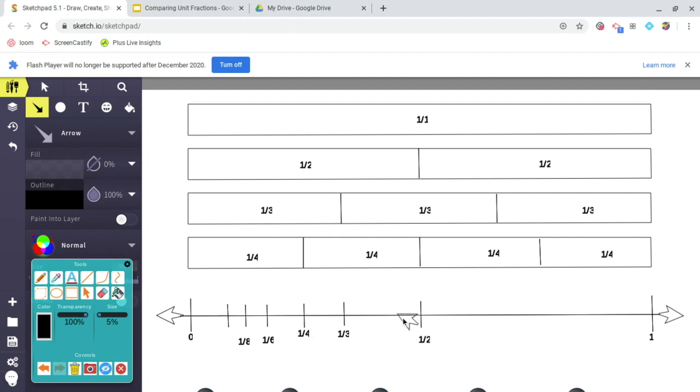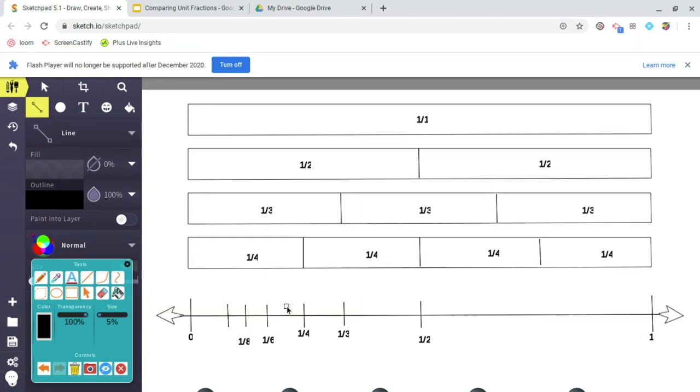Okay, so if we look at this number line, I didn't put 1/5 or 1/7 in. Where would 1/5 be on this number line? If we were looking for the fraction 1/5, well, it would show up somewhere in here.